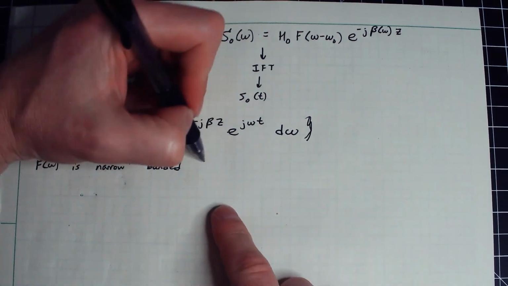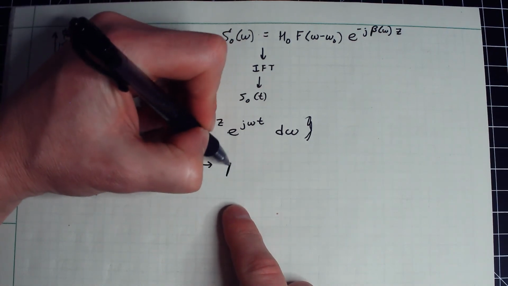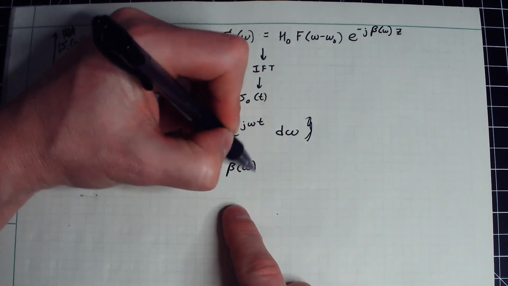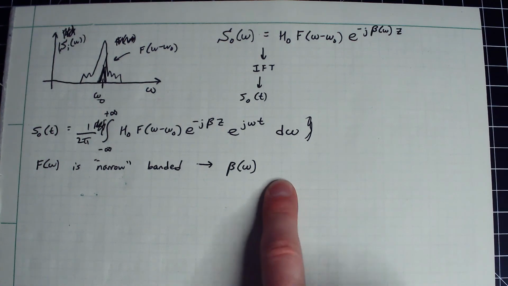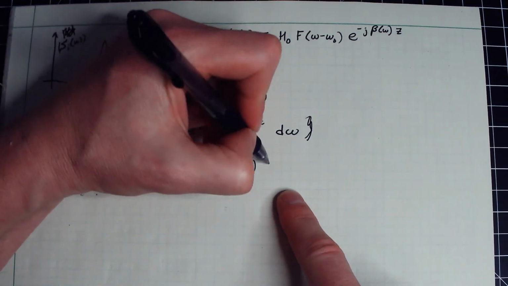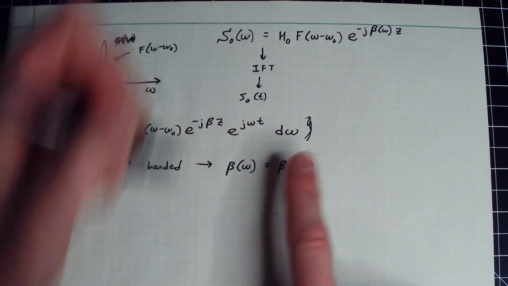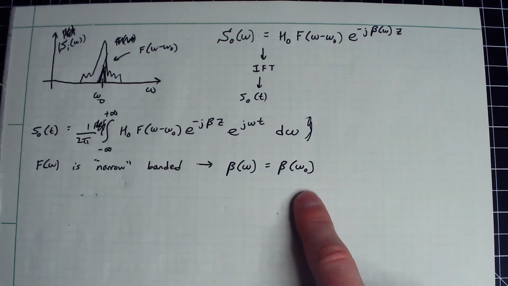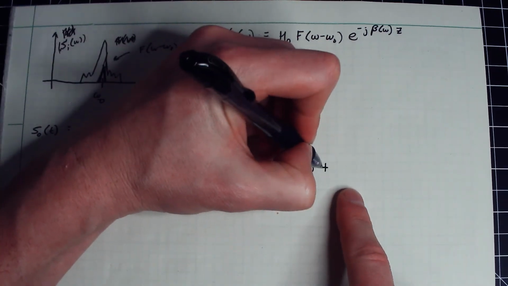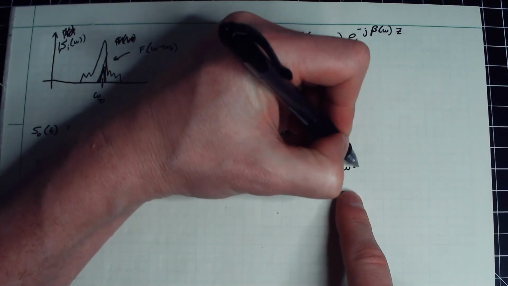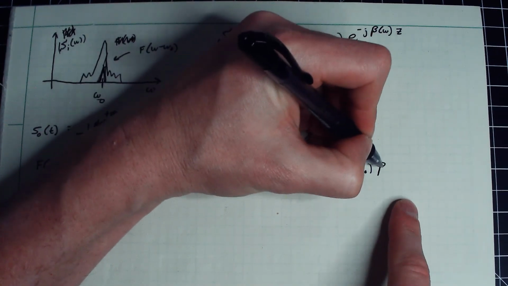So what this will imply is the following. I have my beta as a function of omega. I'm going to take the Taylor series expansion of this. And what you'll get is beta of omega naught. So I'm doing the Taylor series about omega naught here. Plus omega minus omega naught times beta prime.